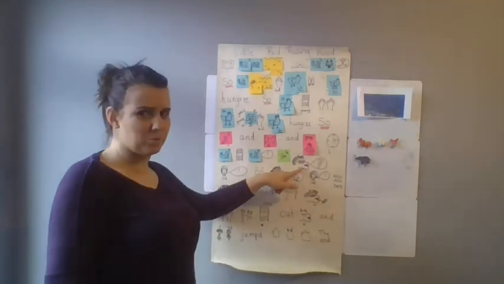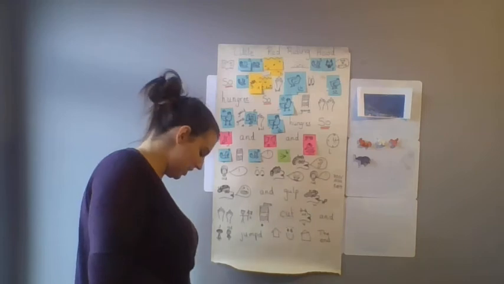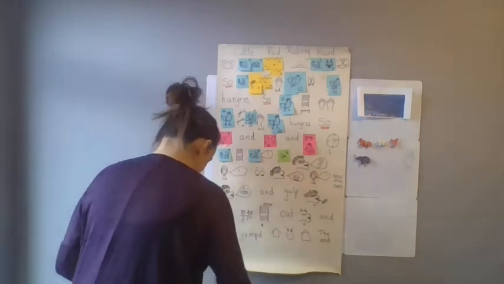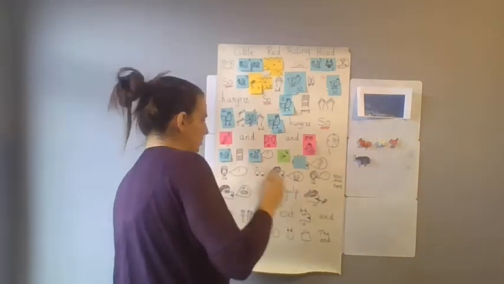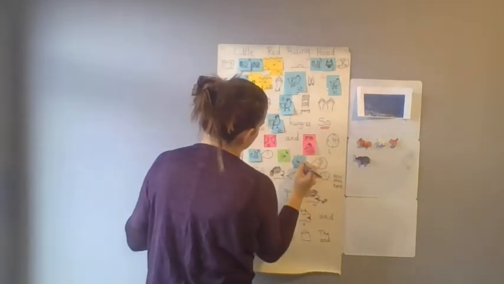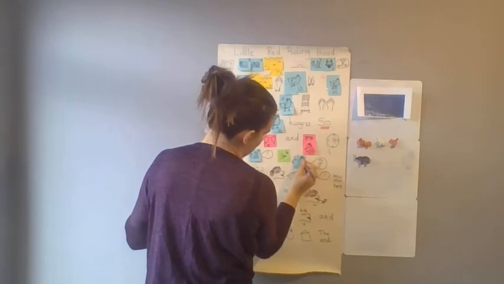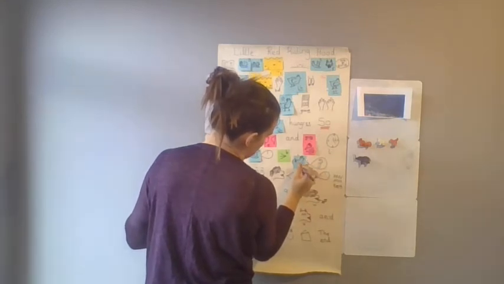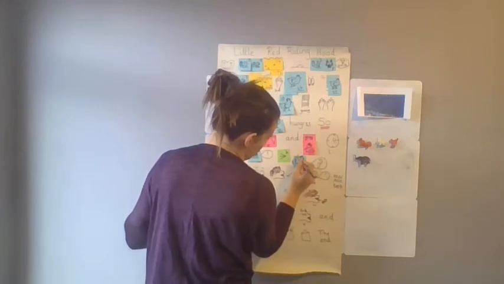Is it the big bad wolf? No, it's the chicken. So let's draw a chicken over the big bad wolf. Because he's not in our story anymore, is he? There's our chicken.